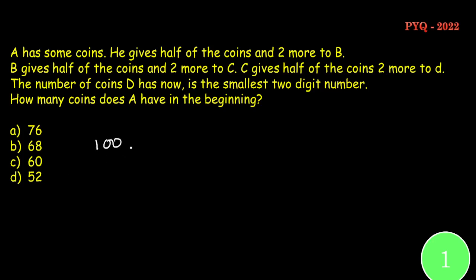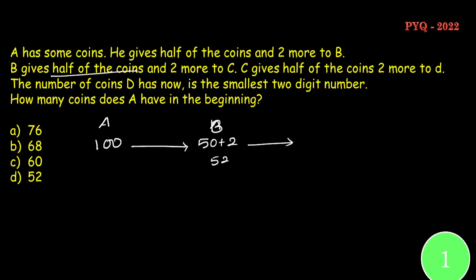Initially it was 100. This is A. A had 100 rupees. Now, it is going to give half of the coins, that means 50 plus 2, that is 52, to B. Correct? From B to C. Look at this.